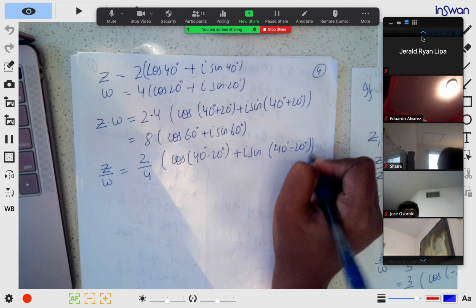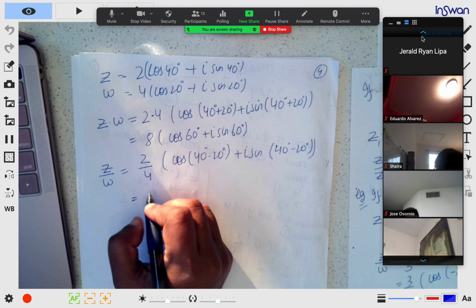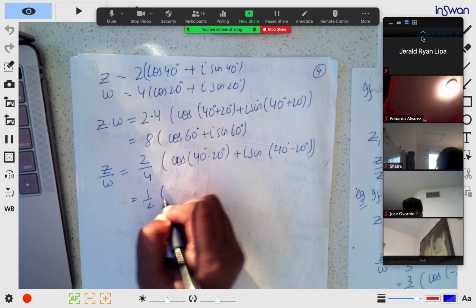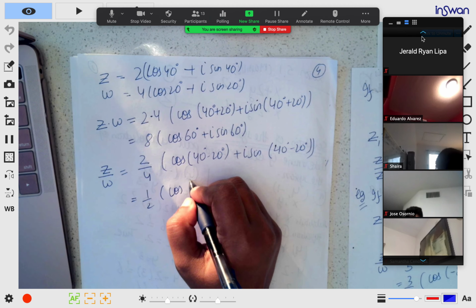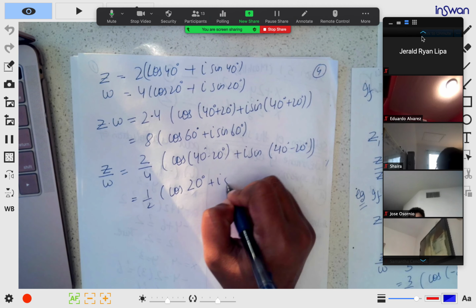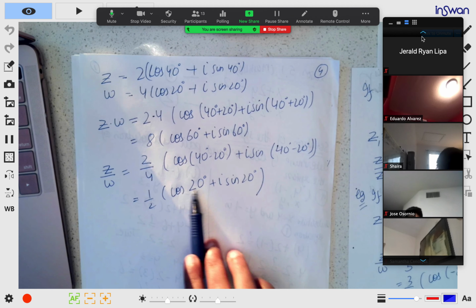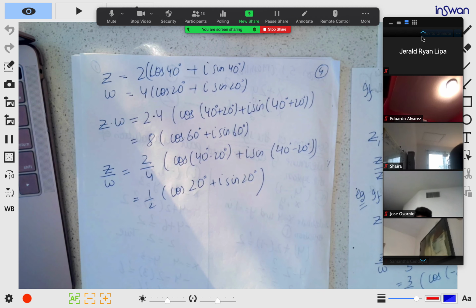Which becomes 1/2 cos 20 plus i sine 20. Perfect. In this I don't have to change because both of my angles are positive and between 0 and 360. Really good.